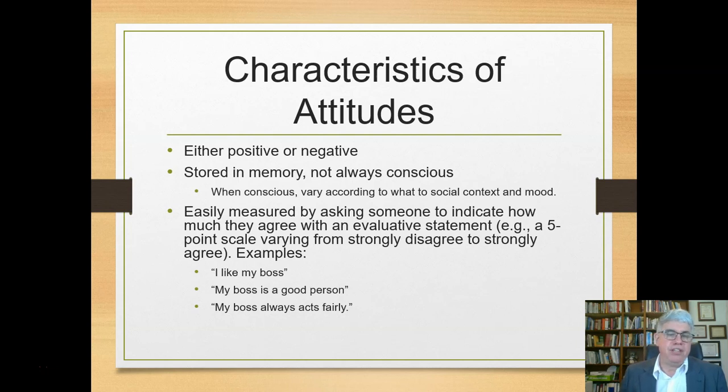Second thing is that they're stored in our memory and they're not always conscious. When they're conscious, our attitudes vary according to what the social context and our mood is too. So they're always inside of us, but we don't always think about them. And when we do think about them, they're not constant.